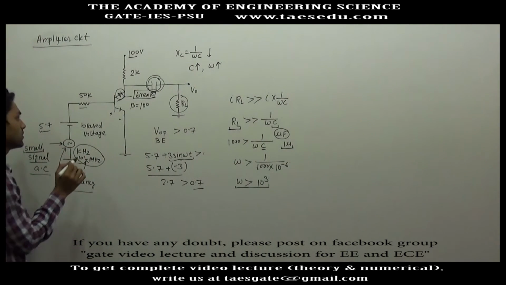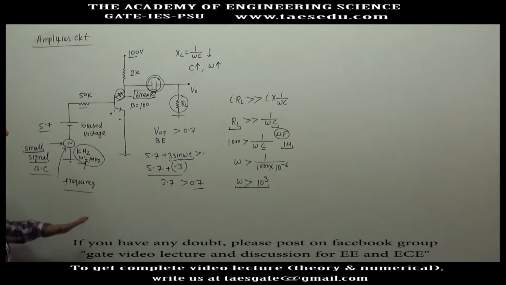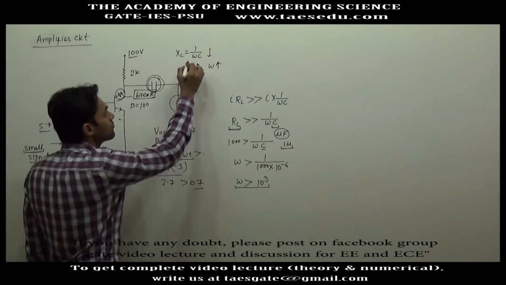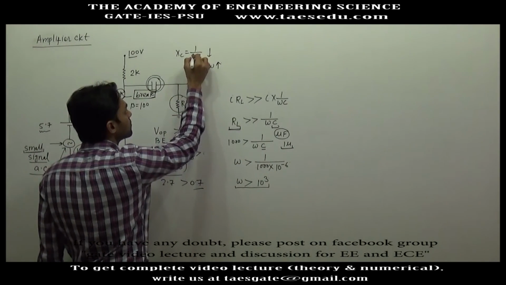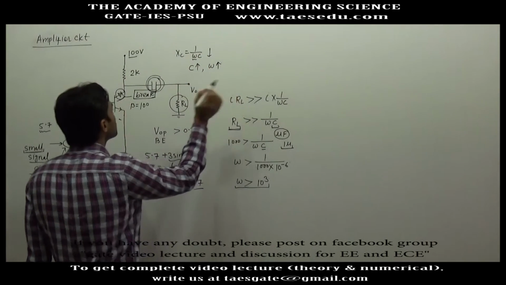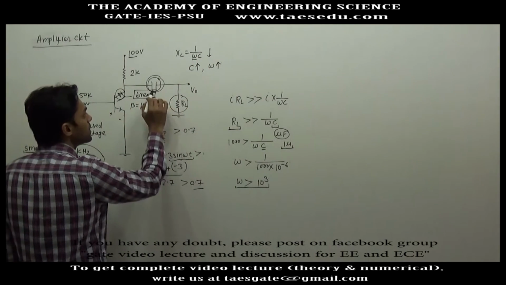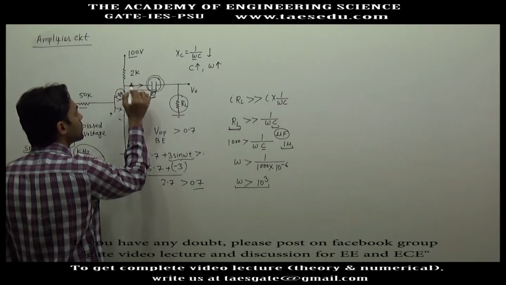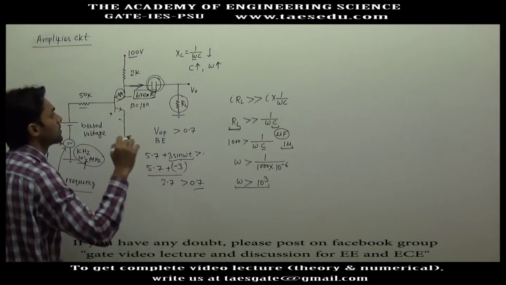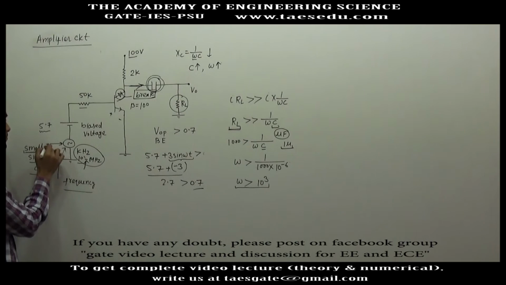So in the input, what omega you will use here, I forgot to tell you. The omega is the frequency of the input signal, and the frequency will be the same as the frequency of the main input.